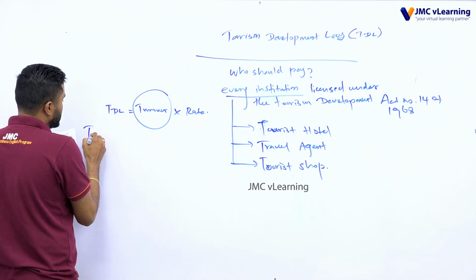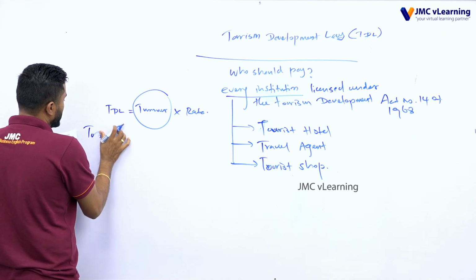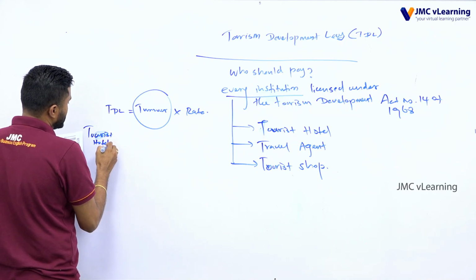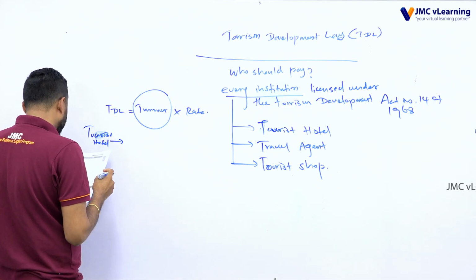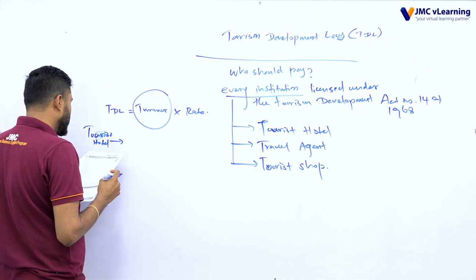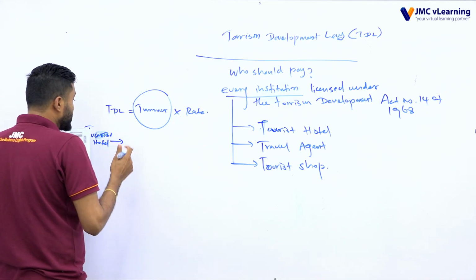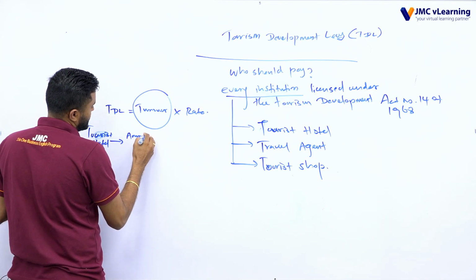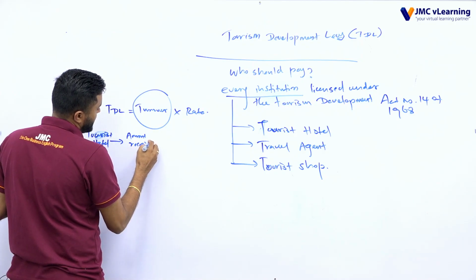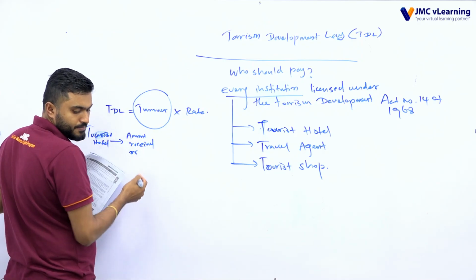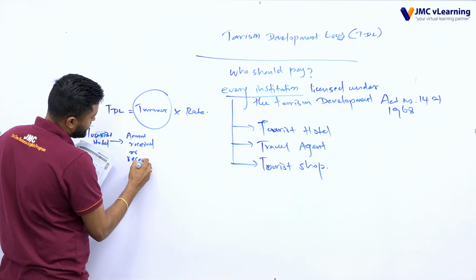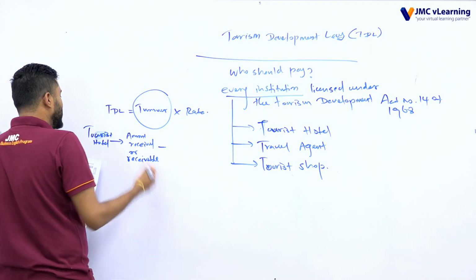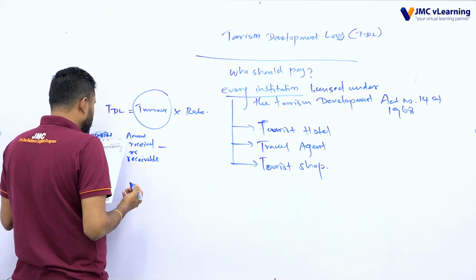Here, the tourist hotel. So how can you calculate the turnover for the tourist hotel? You know that the amount received or receivable, minus, you know, the tourist hotel will charge the service charge.